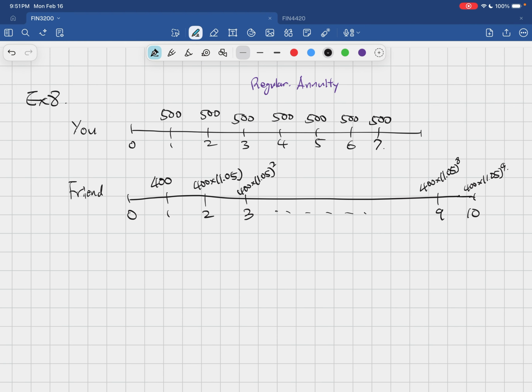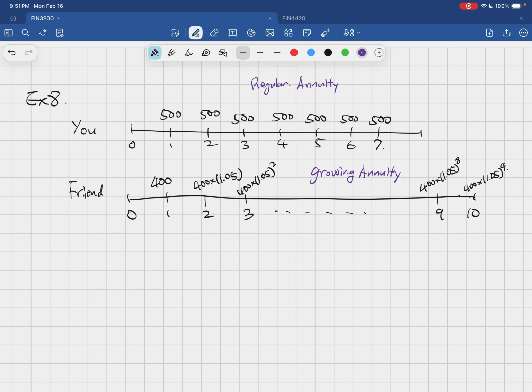Okay, so this one is a growing annuity. Just write it here. So the cash flows are regularly occurring every single year, and it stops in year 10. So it's an annuity, but unlike your security, your friend's security grows at 5% per year.